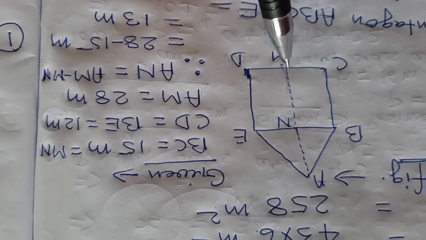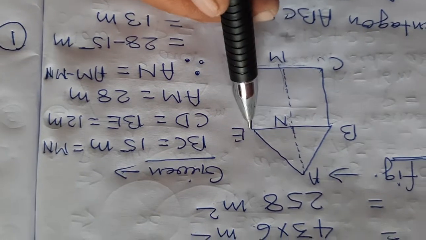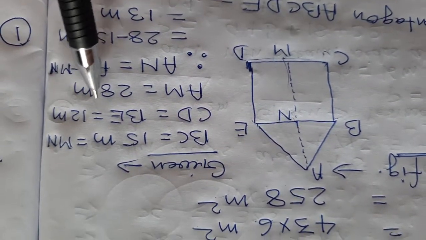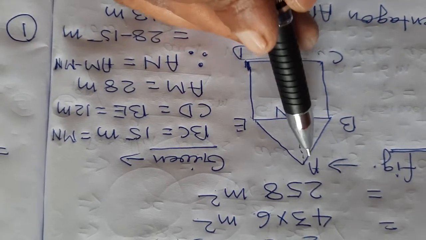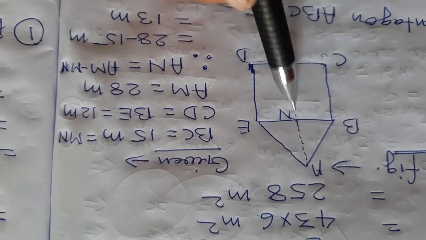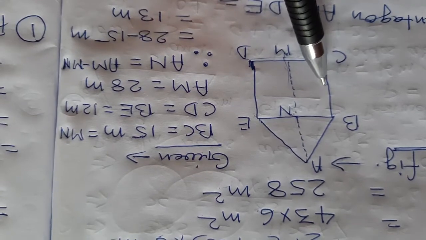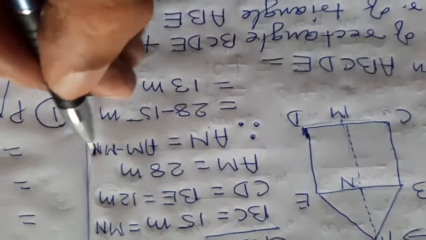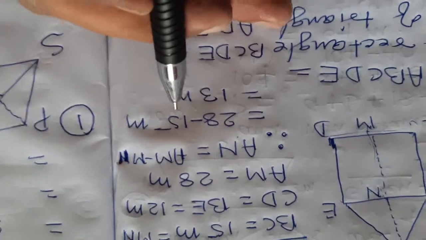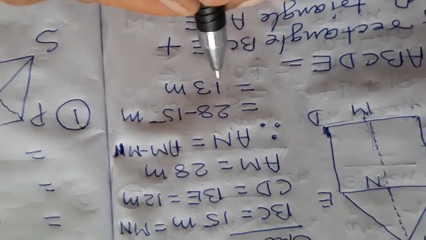CD is equal to BE is equal to 12 meter. AM is equal to 28 meter. MN is equal to 15 meter. Therefore AN is equal to AM minus MN, 28 minus 15 meter, that is 13 meter.